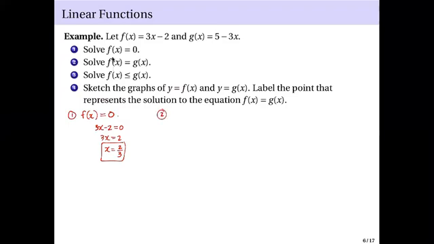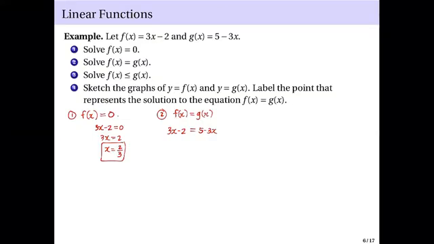For the second problem, we have f of x equals g of x. So we want to solve for x such that f of x equals g of x. Now let us use the representations for f and g. On the left-hand side, we have 3x minus 2. On the right-hand side, we have 5 minus 3x. Then we just isolate x on one side of the equation and the constants on the other side.